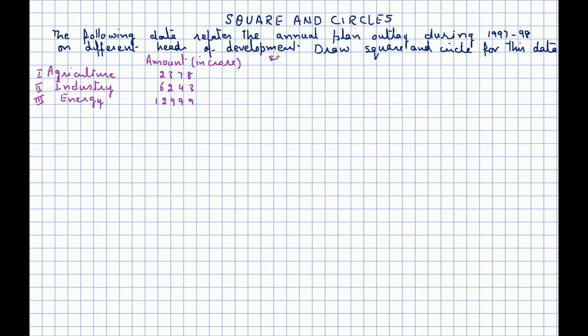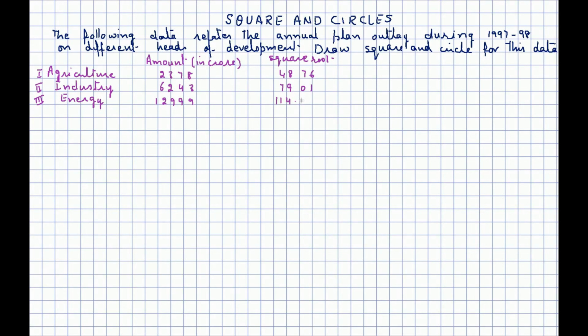So we will find the square root of 2,378, which comes out to be 48.76. And what is the square root of 6,243? That is 79.01.